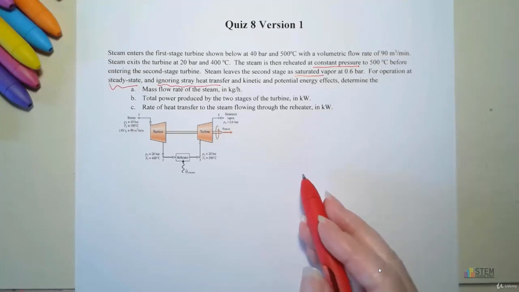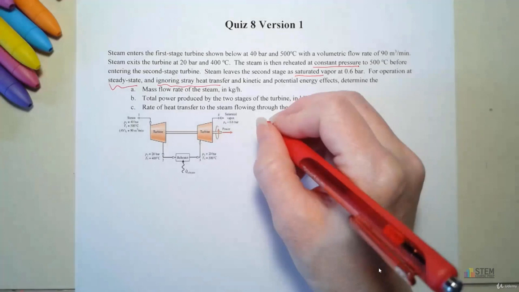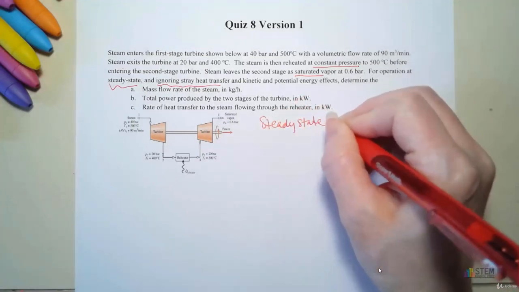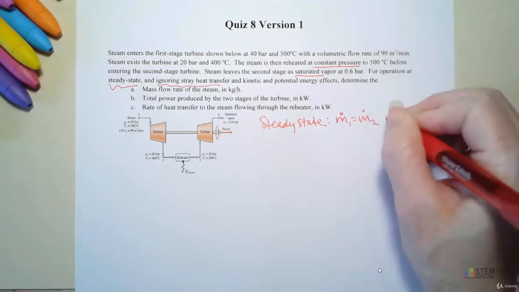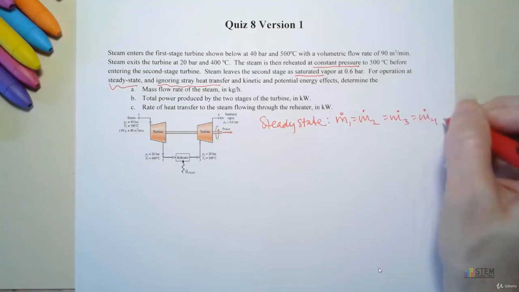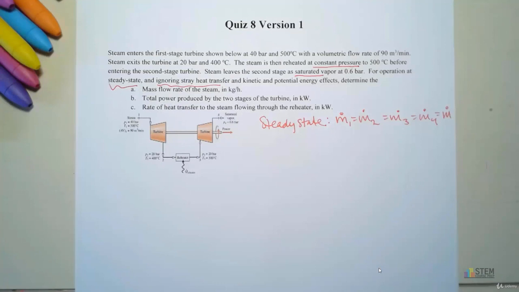Now, since it's steady state, we know that the mass flow rates are all going to be the same, right? So we can say m1 dot equals m2 dot. That's got to equal m3 dot, which equals m4 dot. Let's just call it m dot. That way we don't have to worry about those subscripts.